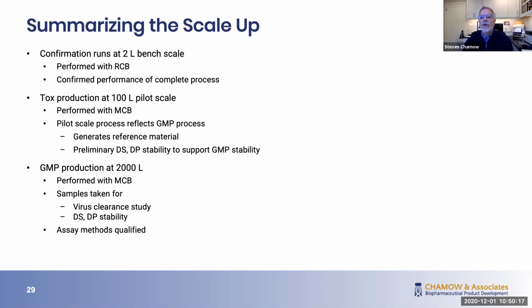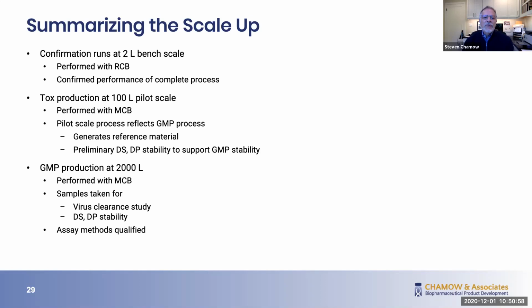This is critically important for comparability of the tox production to the GMP production, both to justify the use of tox material for that purpose, to predict the toxicity of the clinical trial material, but also because the reference material is being generated from this batch, to which the GMP batch will be measured. The 2 processes need to be as similar as possible.